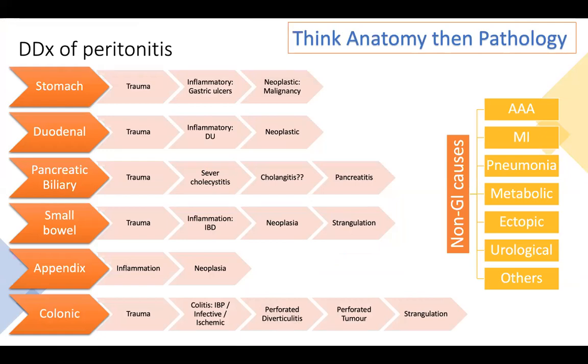So it's a lot, isn't it? That's the abdominal pain or the differential diagnosis of peritonitis. Okay, it's a lot, but as long as you think anatomy, then pathology, it's not going to be difficult.